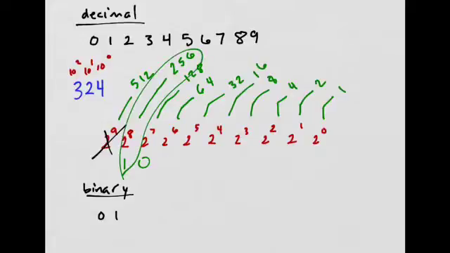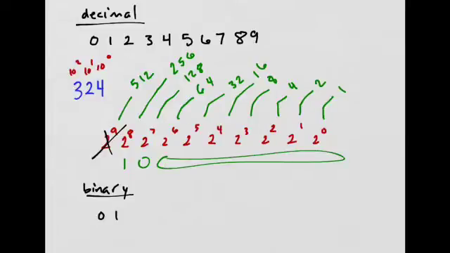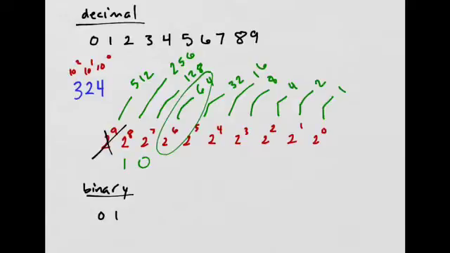So right now I have 256, and if I put zeros for all the rest of these, then that number would be the binary number that represents 256 in base 10. So I'm going to go back to 256, and then do I need my 64 spot? Well, 256 plus 64, that's 320. So that's small enough. I do want that.